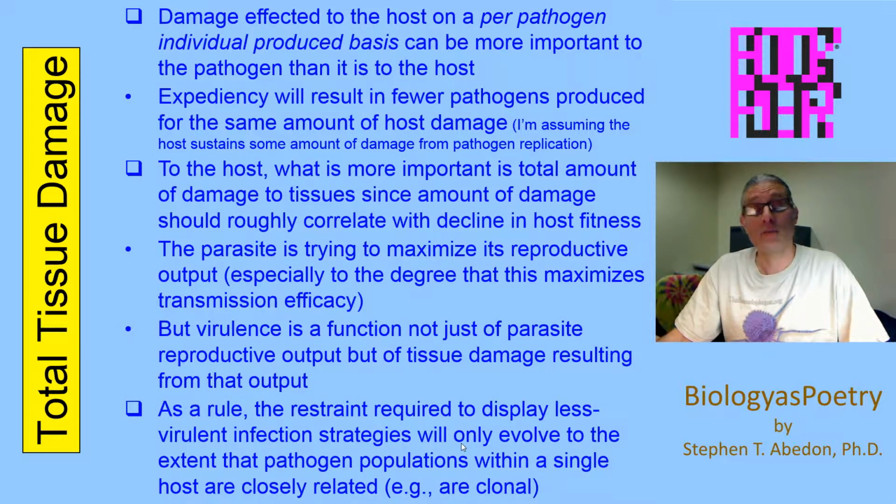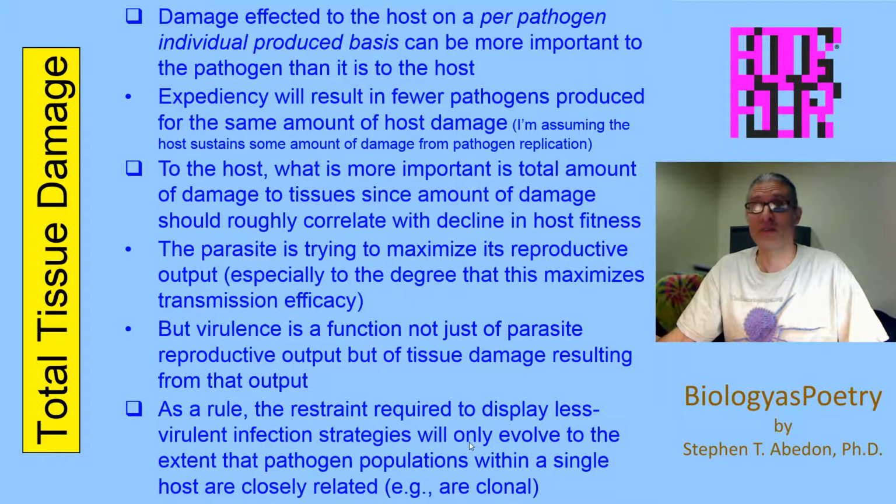If you have a population that is clonally related or otherwise closely related, then that population may not have the same level of competition, if only because the individuals within that population will not necessarily display any genetic variation.